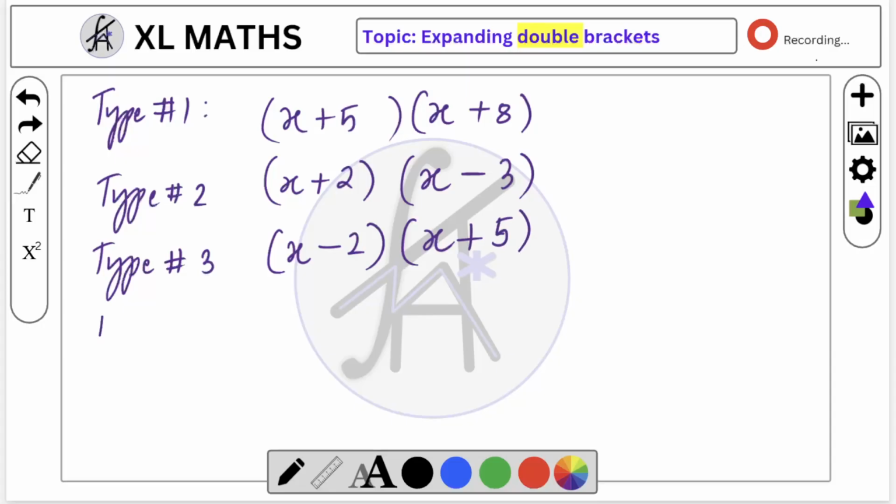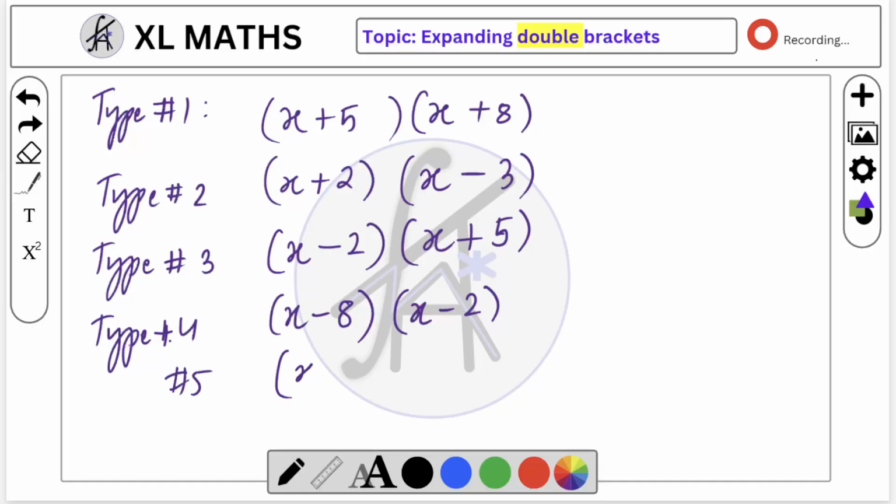The fourth type, where both the brackets are negative, x minus 8 and x minus 2, something like this. Type 5, where we are having both brackets negative but the same, x minus 2, x minus 2. And the last type would be where we are having both the brackets positive and exactly the same.